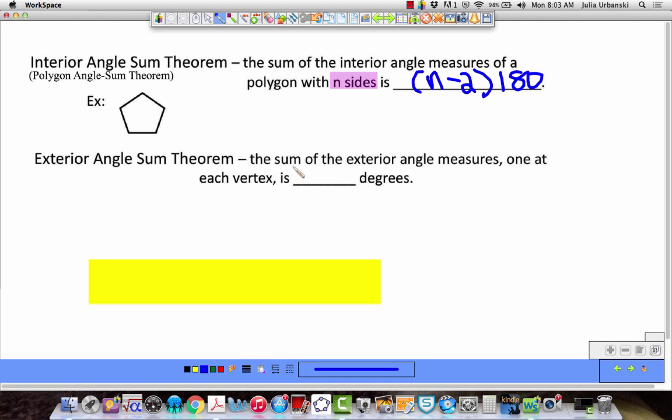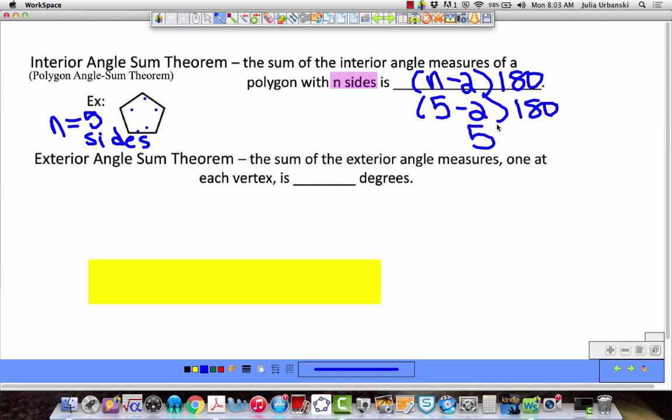So for example, this one right here, how many sides are there? 5. n equals 5. There's 5 sides. So I'm going to figure out the sum of all the angles. If I added up this angle, this angle, this angle, this angle, and this angle, what would I get? Yep, let's do it. It's 5 minus 2. Got to do inside the parentheses first. That's 3. And then multiply it by 180. So what do we actually get?